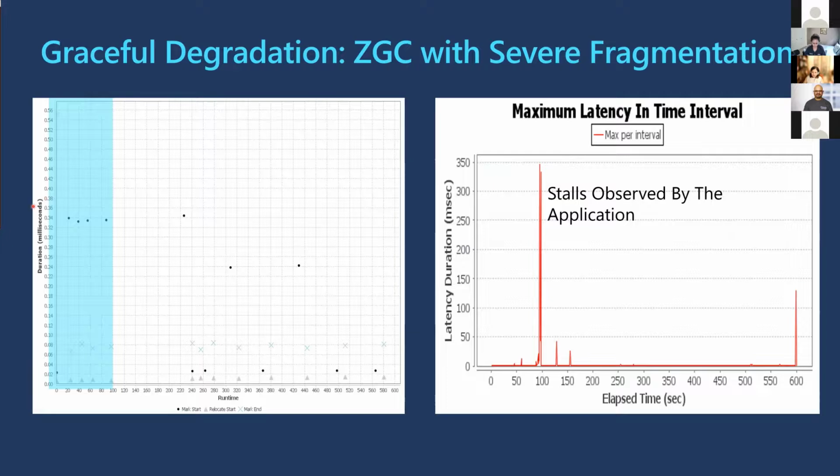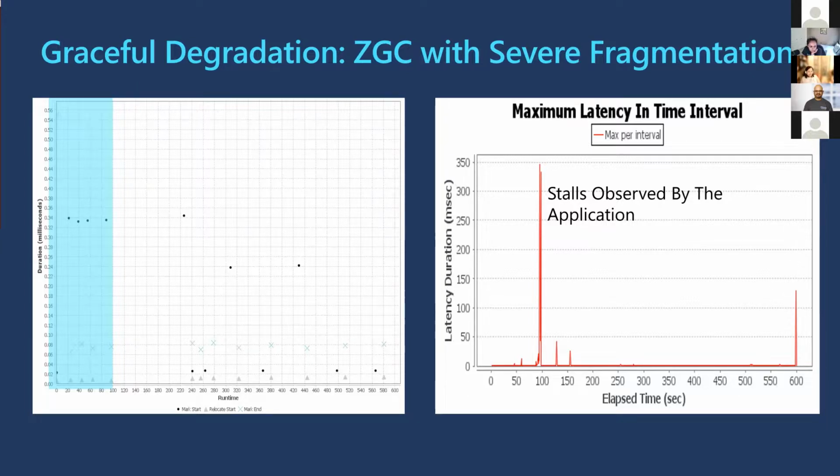You see everything is less than 0.34 or almost 0.36 milliseconds. Basically you have the initial mark, the relocate start, and then the mark end right here. All these are stop the world phases, and those are all less than 0.36 milliseconds.